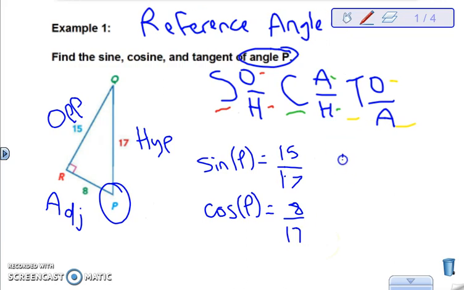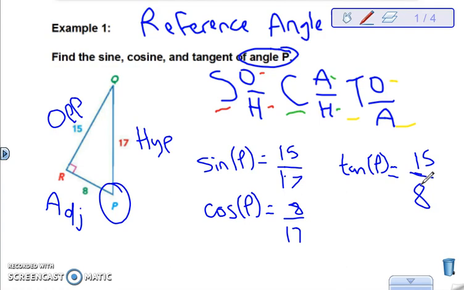And then finally, if I want the tangent of P, I'm going to take the opposite leg and divide by the adjacent leg. So that's pretty much it for finding our trig ratios.